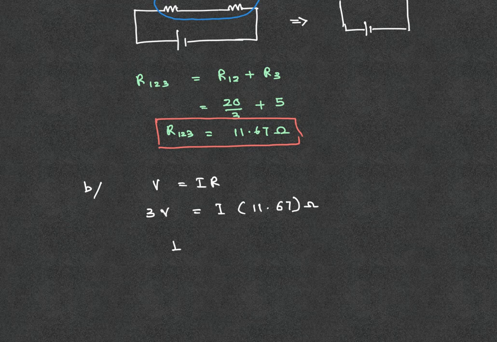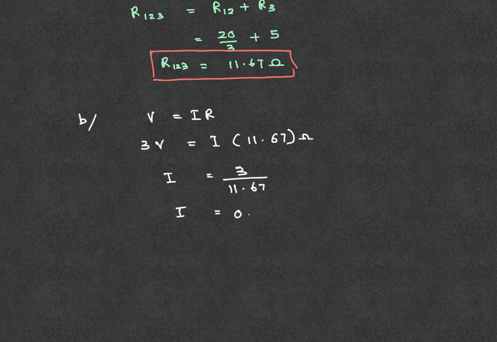So when you take everything to one side, you get 3 divided by 11.67, and that's the current: 0.257 in amperes, and that is the second part of the question.